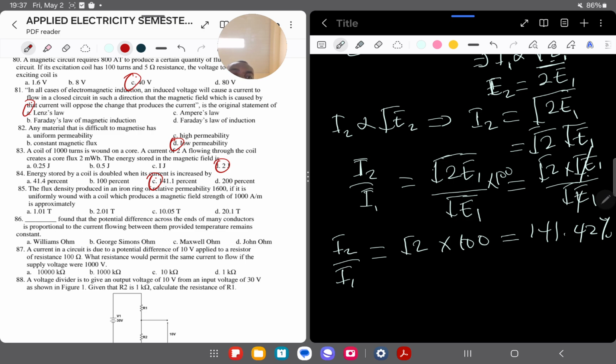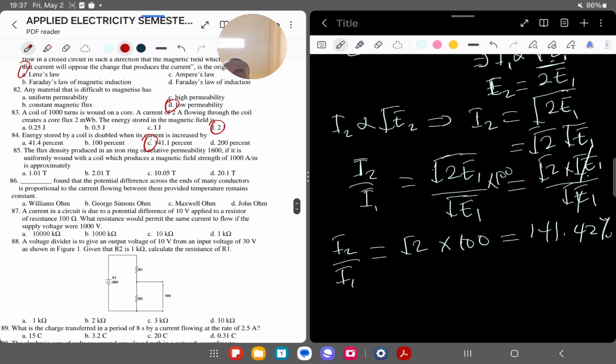Question 85. The flux density produced in an iron ring of relative permeability 1600, if it is uniformly wound with a coil which produces a magnetic field strength of 1000 amps per meter, is approximately what?